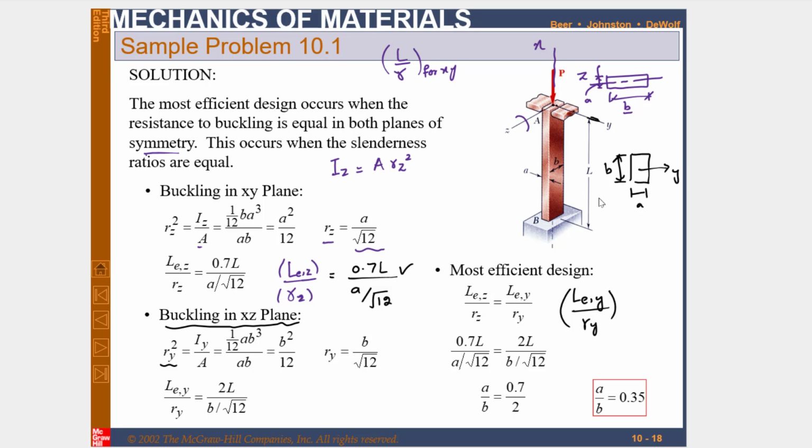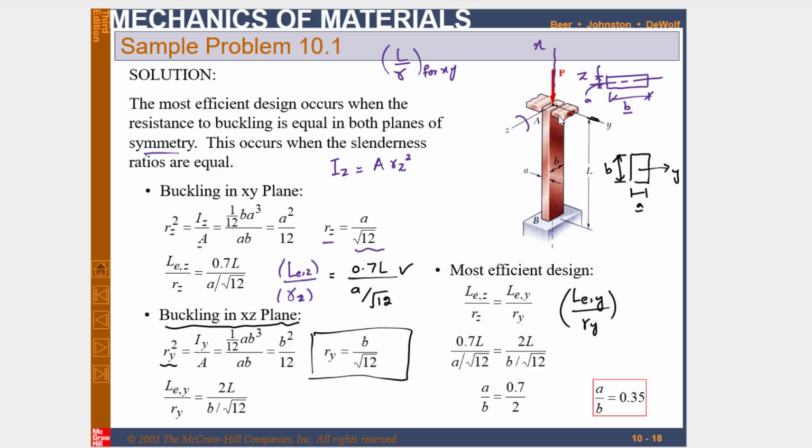So Iy is equal to 1 over 12, the breadth is A and the height is B, so 1 over 12 times breadth times height cubed, which is 1 over 12 A B cubed, divided by the area, which is A B. When you solve this, you will get the radius of gyration equal to B over root 12.